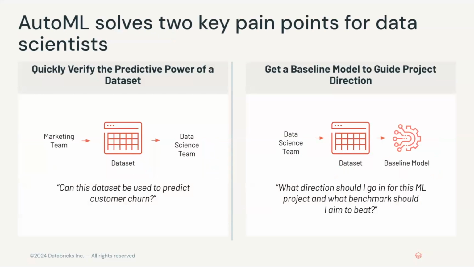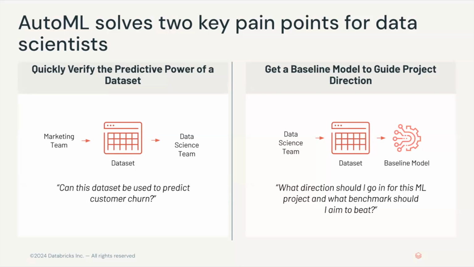So you just push your data set inside this entire engine, and then you get to know how powerful your data set is. Let's say, for example, whether this data set can actually predict whether a customer will churn or not. And when you do that exercise, in the end what you get is a good baseline model which can guide your project direction.